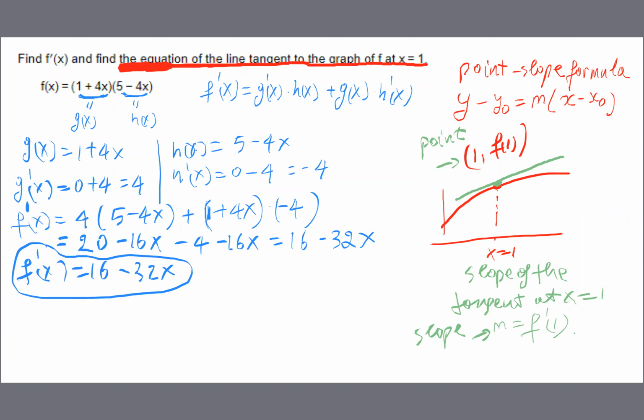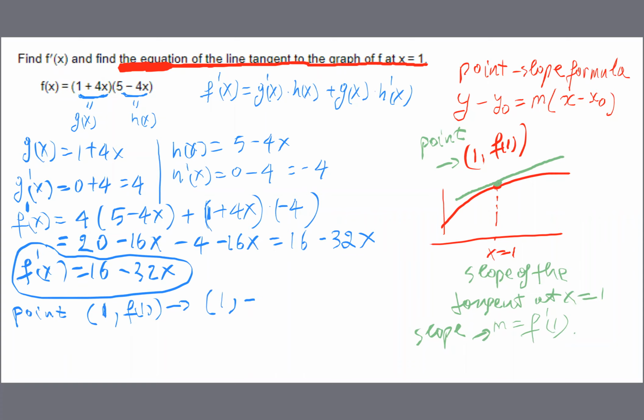Okay, since we want the equation of the tangent line, we know that the point has coordinates 1, f of 1. So f of 1 is negative 16. Plug in 1 for x.